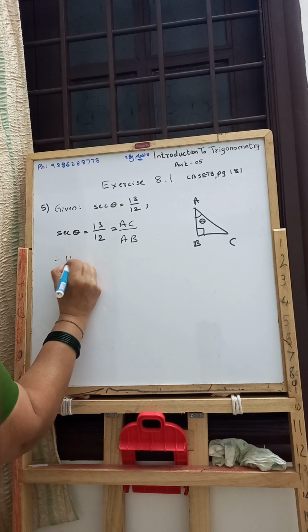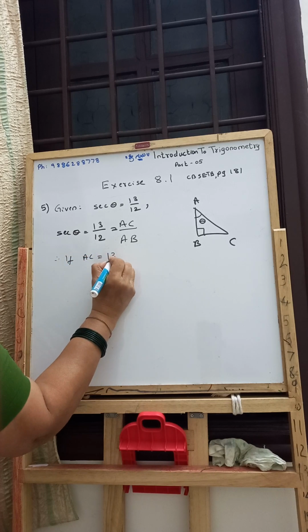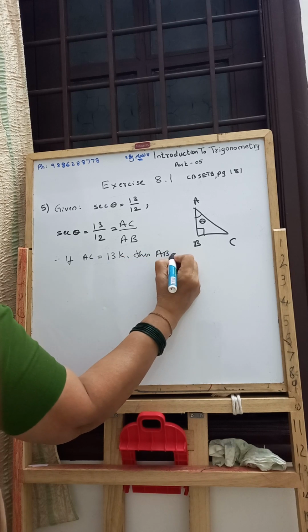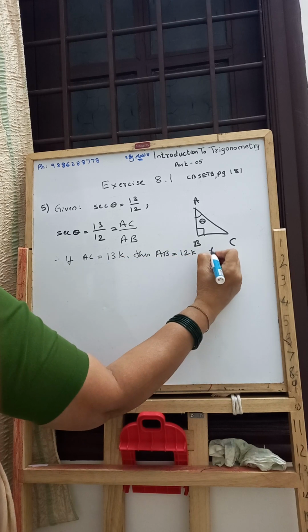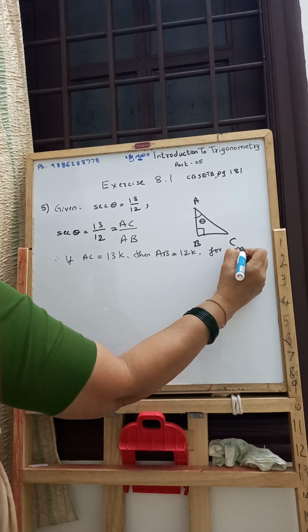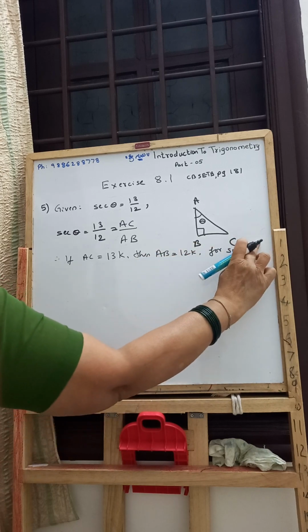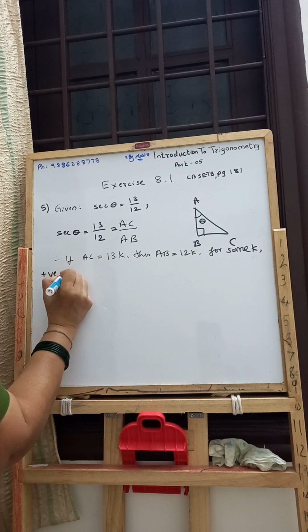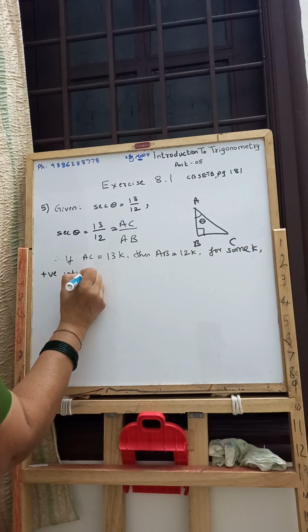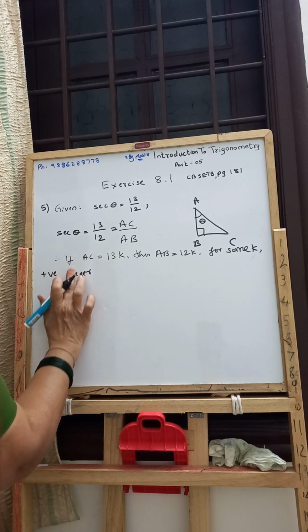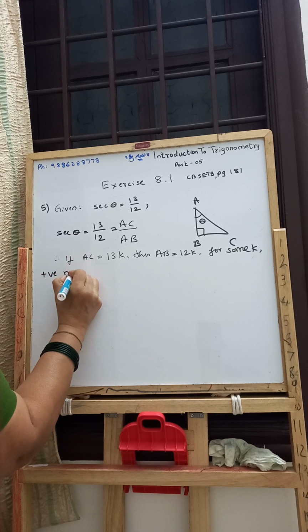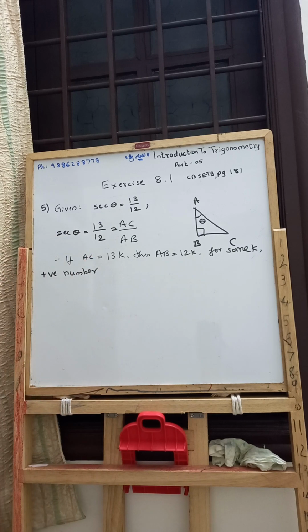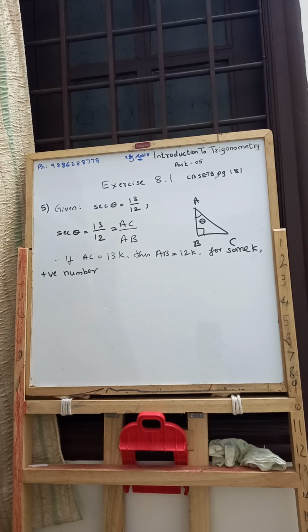Therefore, if AC is equal to 13K, then AB is equal to 12K for some K positive number. The positive number is also same.